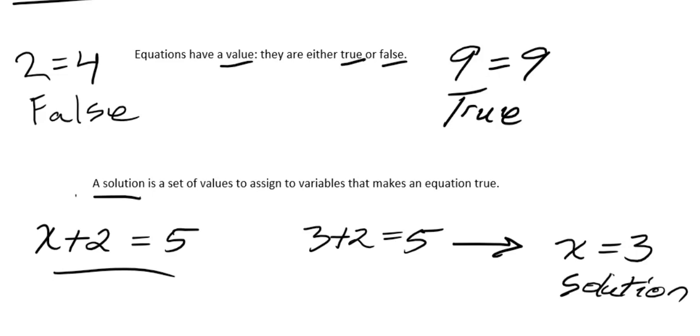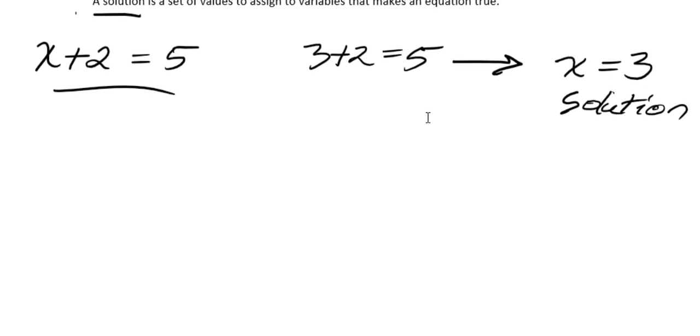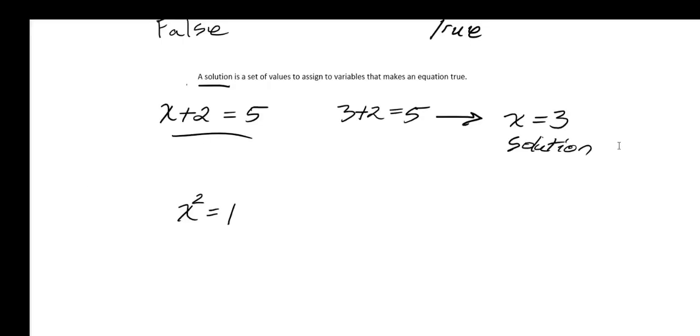Now can there be more than one solution to an equation? Absolutely. For instance, x squared equals 1. What's a possible solution to this? Well, you can say x can equal 1 because 1 to the second power is 1.